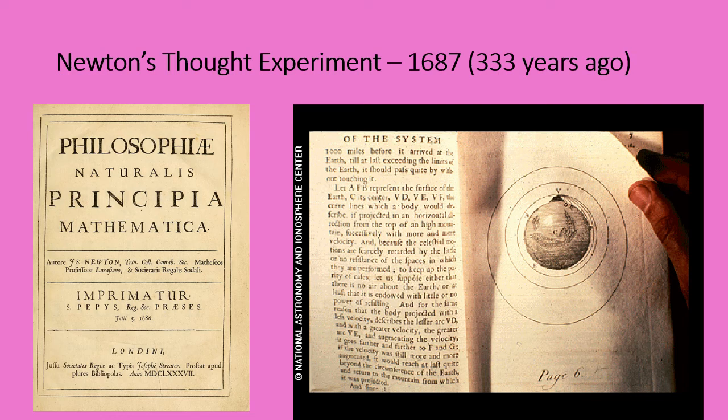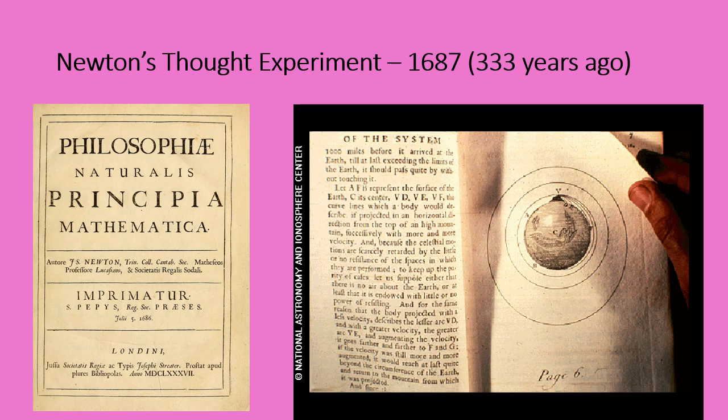One of his famous thought experiments was to do with satellites, and this was published in 1687 in this book here, Principia Mathematica, which is one of the most famous scientific books of all time. It's quite remarkable to think that this was 333 years ago that Isaac Newton understood about satellite motion.